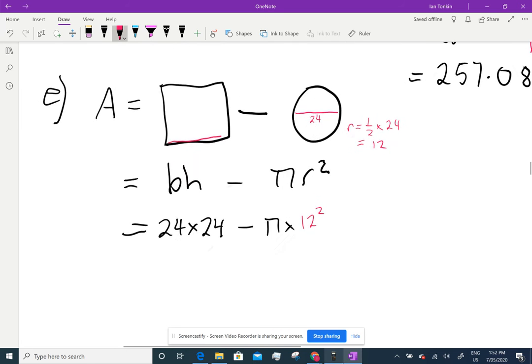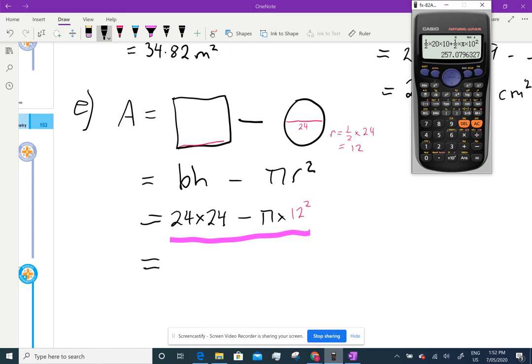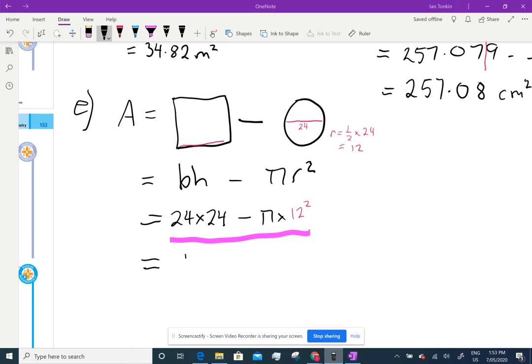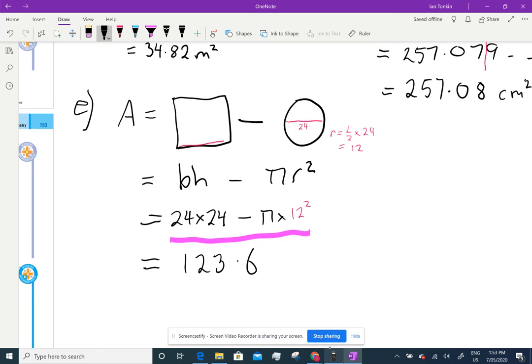And again, this you must show. It's the most important line. Then you go straight to your calculator. 24 times 24 minus pi times 12 squared. 123.6106... We're going to two decimal places.